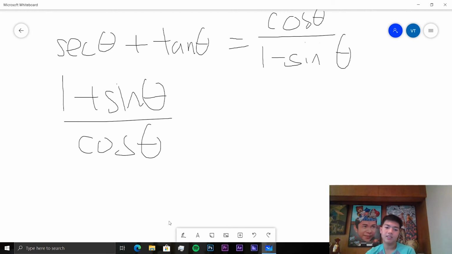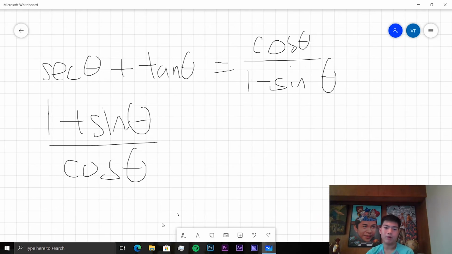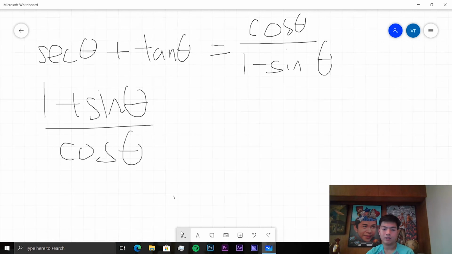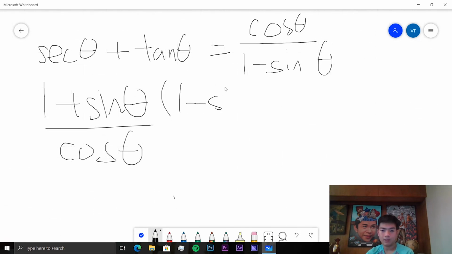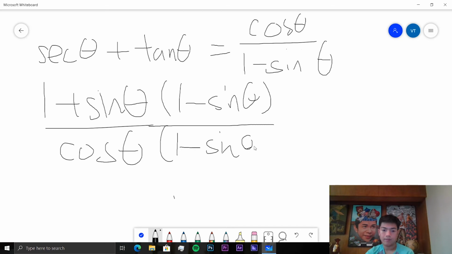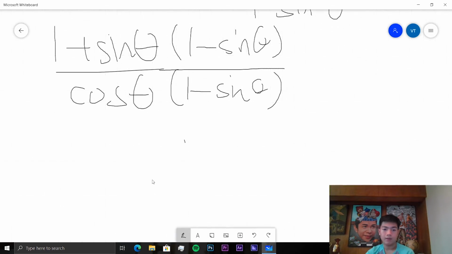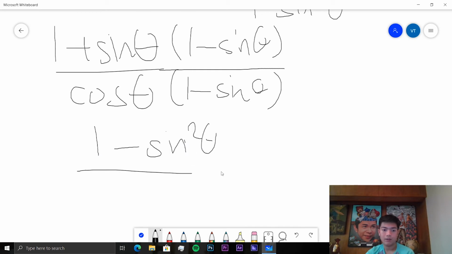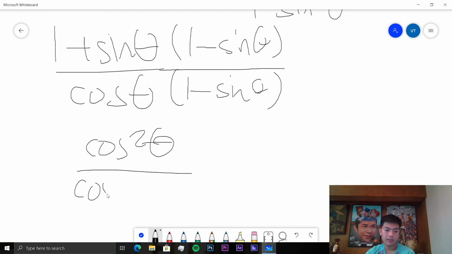I guess the simplest way is to just multiply both by 1 minus sine theta. So if we multiply 1 minus sine theta over 1 minus sine theta, then we get 1 minus sine squared theta over cosine theta, this is equal to cosine squared theta over cosine theta times 1 minus sine theta.